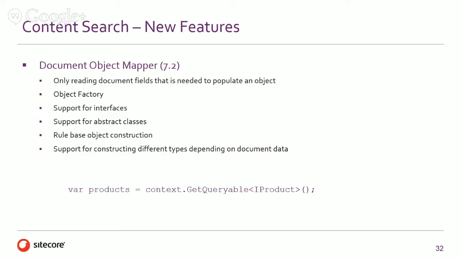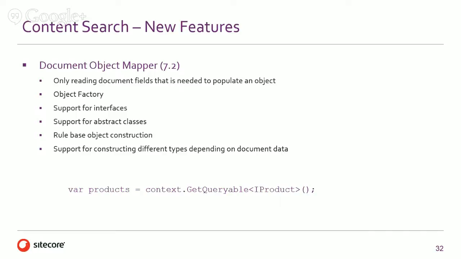If you're requesting a type like this, then construct this. But we can also construct different types based on the data in the document. So if we have an interface like IProduct here, for normal products, we'll just return the normal product class.